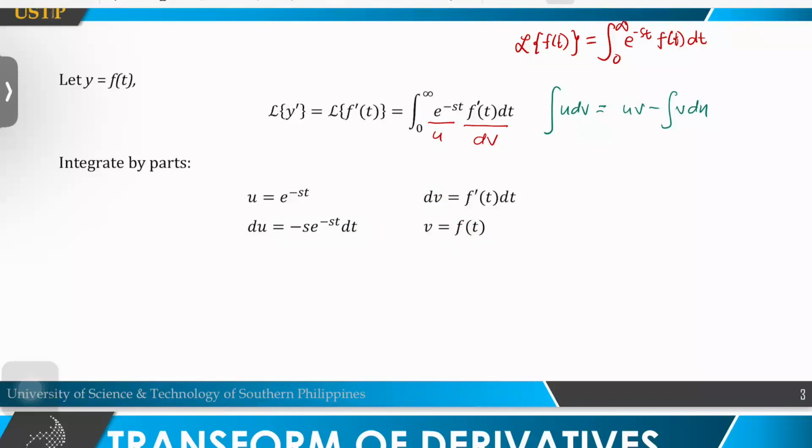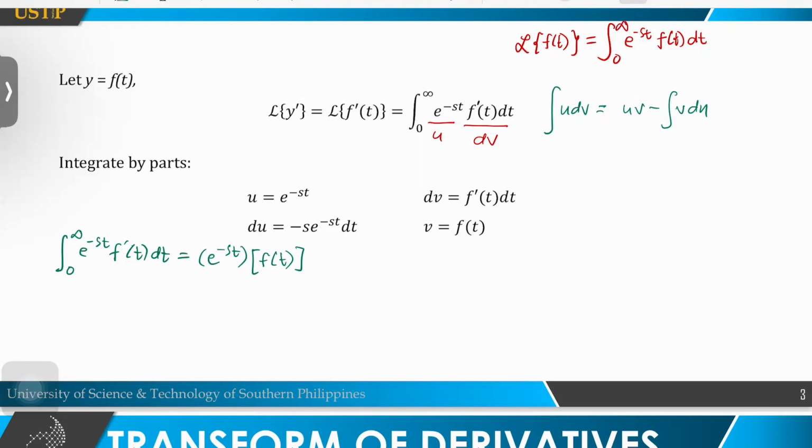So we can now solve for the integral: the integral from 0 to infinity of e to the negative st f prime of t dt is equal to uv, so e to the negative st times f of t.